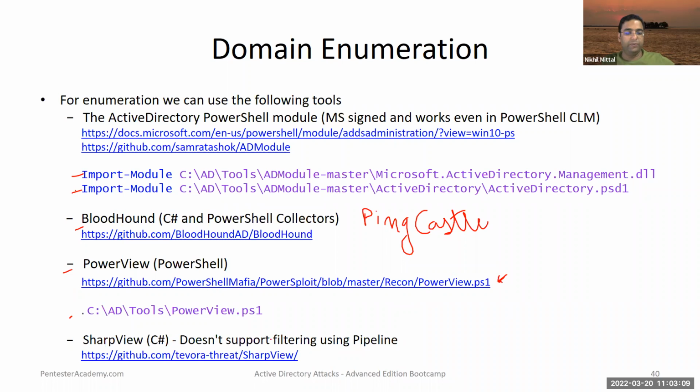And finally, SharpView. I mean, there are other tools as well. These are just honorary mentions, or tools that we are going to use in the class. You can also use SharpView if you are a fan of only C# tools. However, I personally do not like it because it does not support filtering on the pipeline. But you can use that as well if you want.